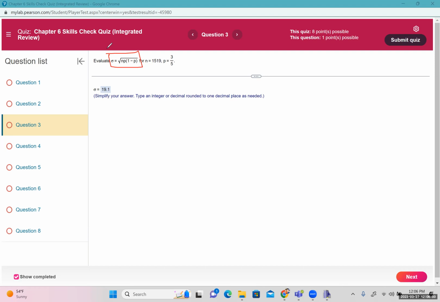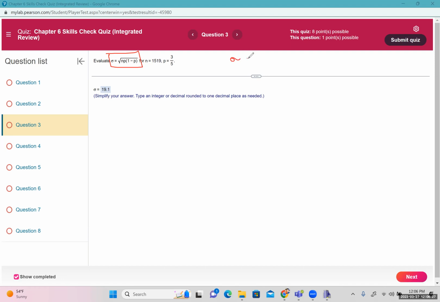So watch out, you don't want to mess up with the other population standard deviation. However, in this skill check quiz, we don't really care about that. We just substitute.